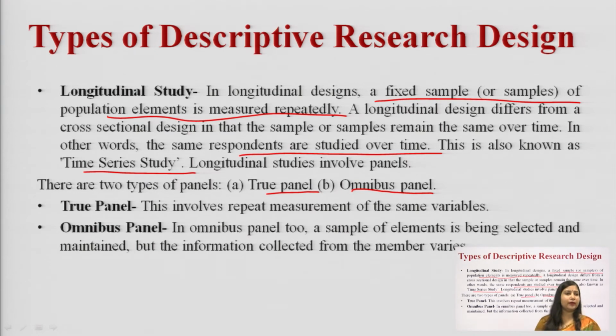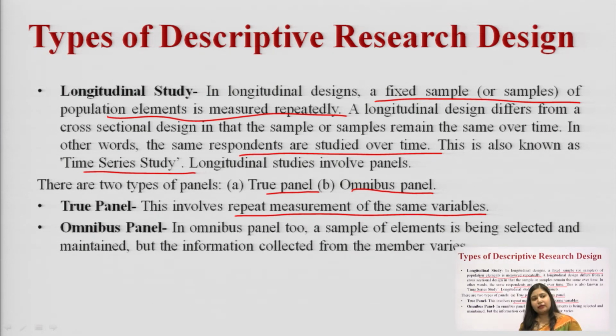What is happening in the true panel? This involves the repeated measurement of the same variables. It means in the true panel you will repeatedly measure the same variables, conducting the study on the same population and on the same variables. But what happens in the omnibus panel? In the omnibus panel, the sample population is selected and maintained, but the information collected from the members varies.